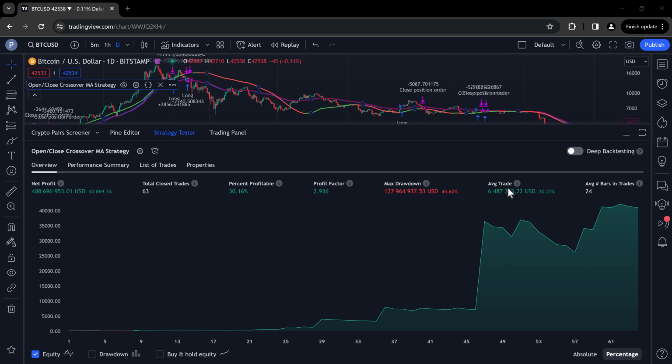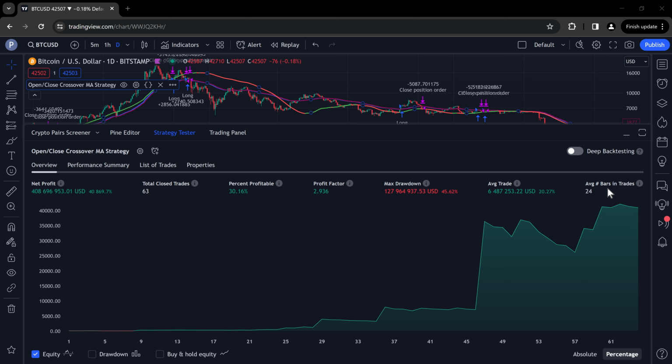Next metric is average trade. This is the strategy net profit divided by the number of closed trades. And the final main strategy metric is average number of bars in trades.